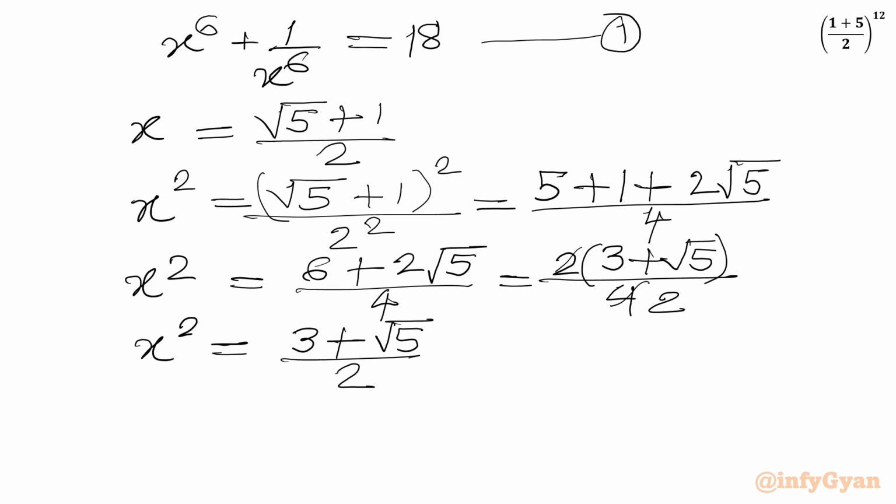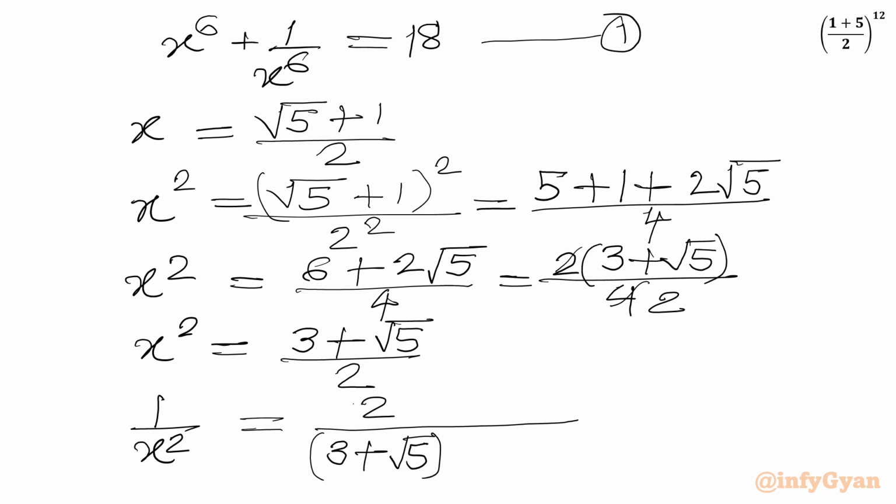Now I will calculate 1 over x square. So this will be equal to 2 over (3 plus square root 5). Again we can rationalize our denominator, so I can multiply here with 3 minus root 5, and in the numerator 3 minus root 5.